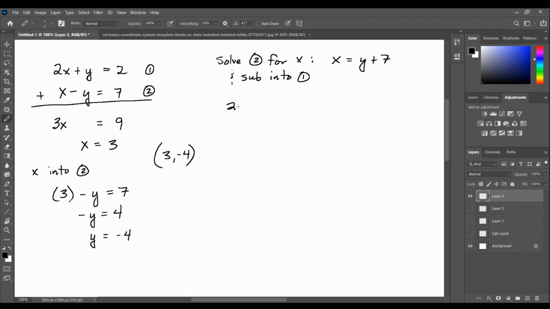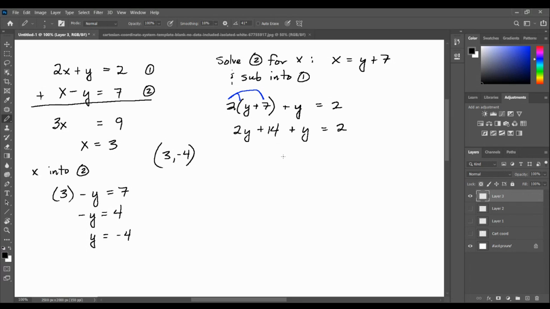So now I've got 2 times x, which is y plus 7, plus y equals 2. Distribute that 2 through, and I get 2y plus 14 plus y equals 2.